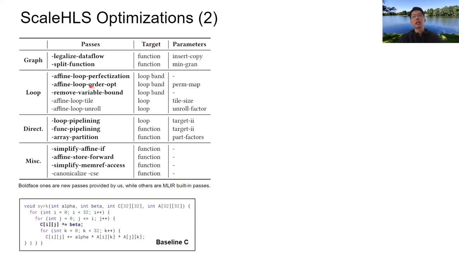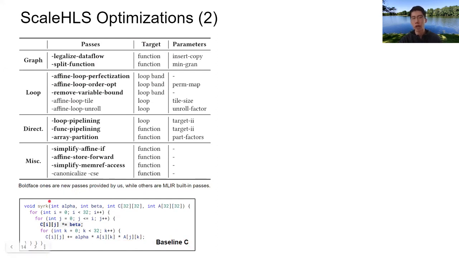I will not introduce the mechanism of each of them one by one. I will just give you an example to show how the loop directive and other optimization passes are optimizing the HLS designs. So here is C code.